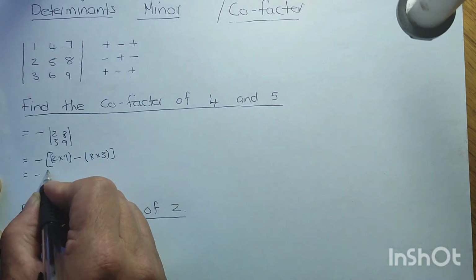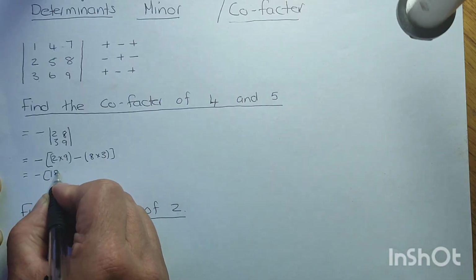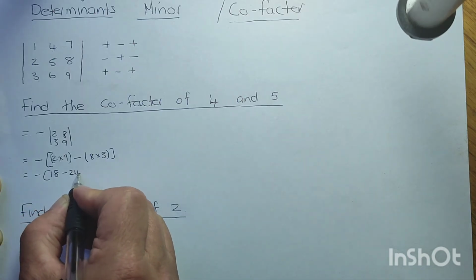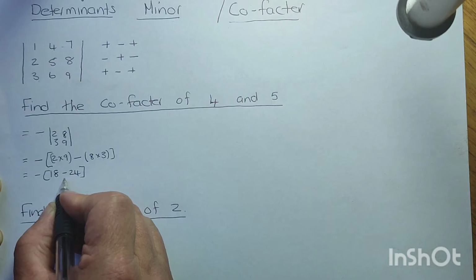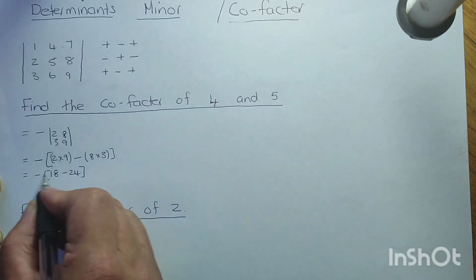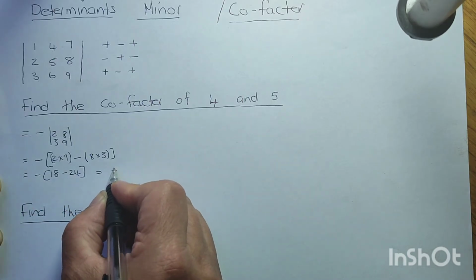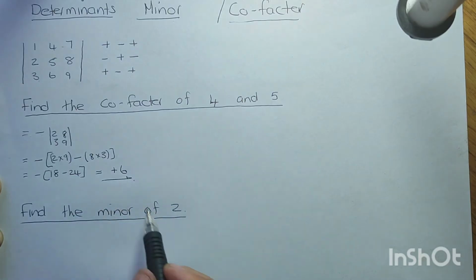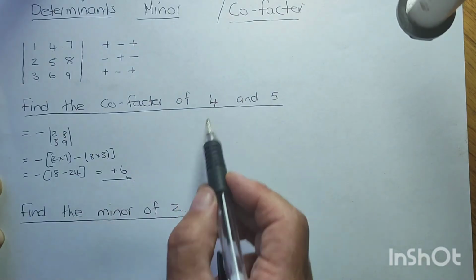So I include the sign, so that will be 18 minus 24, and this will give me a minus 6. A minus 6 times a minus will give me a plus 6, which will be the cofactor value of 4.